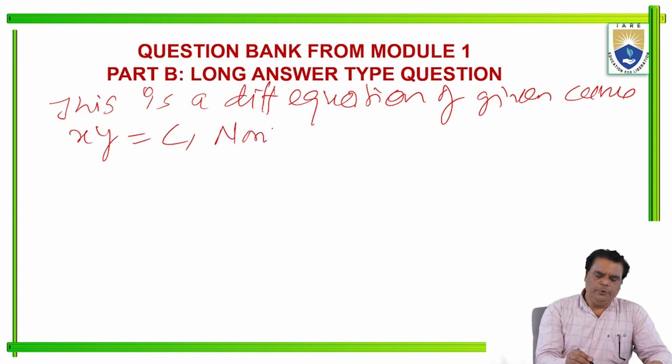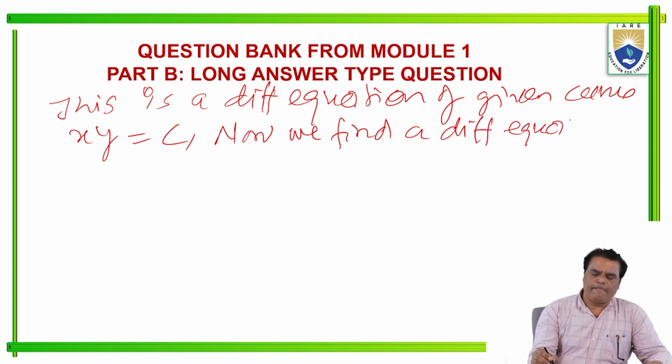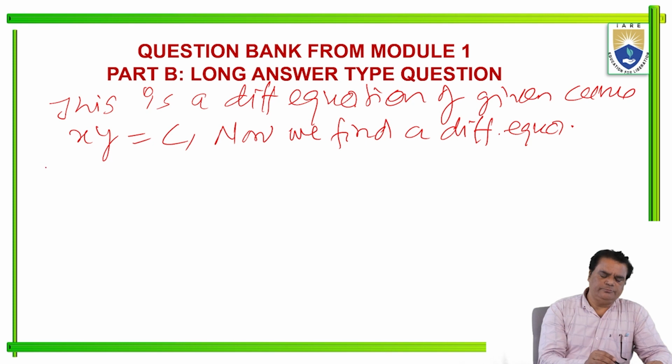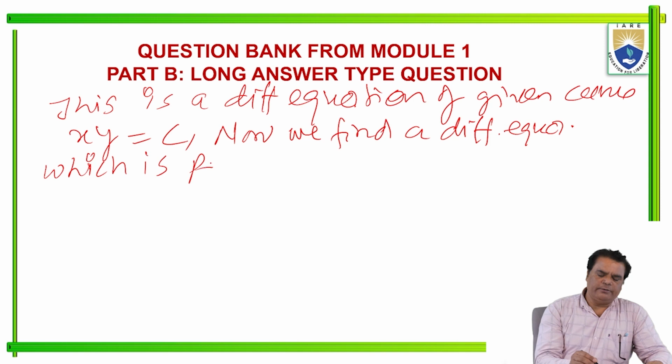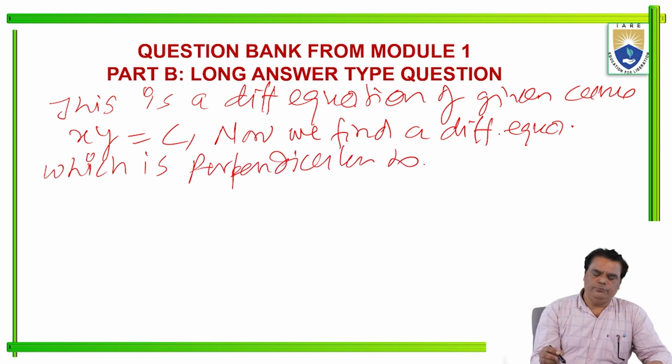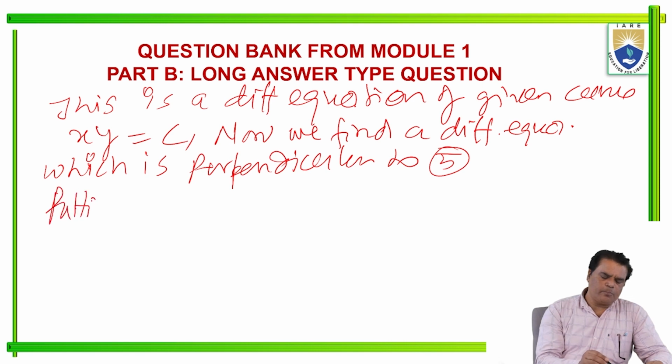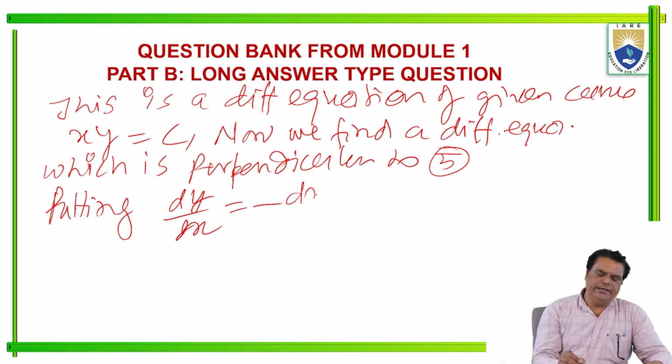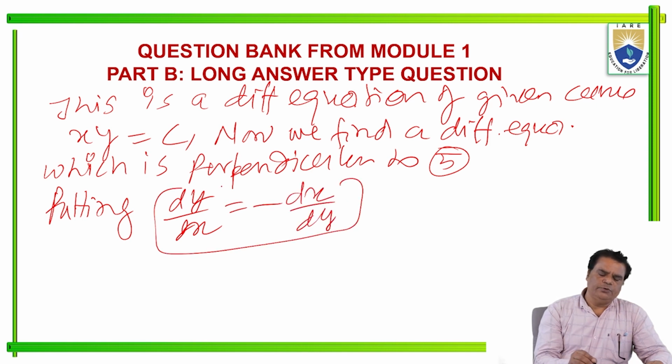Now we find a differential equation which is perpendicular to 5. So putting dy dx equal to minus dx upon dy. This is equation 4.